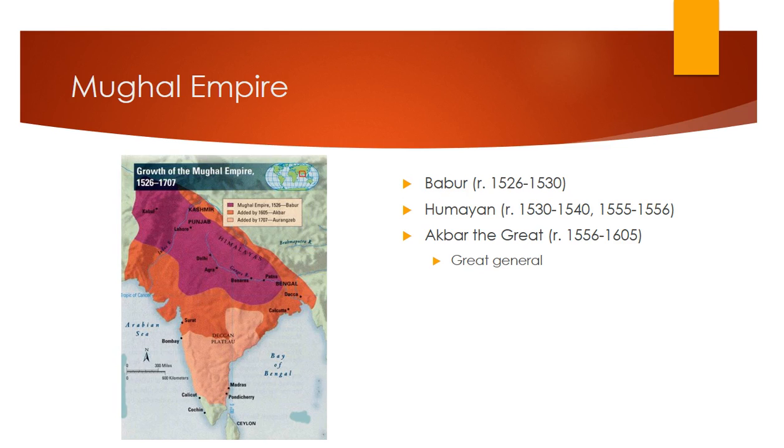After Humayun, his son Akbar became emperor, and Akbar would be known as Akbar the Great, which is kind of funny, because Akbar already means great. So what we actually see is Great the Great. But Akbar the Great. And he was, in fact, a great general.